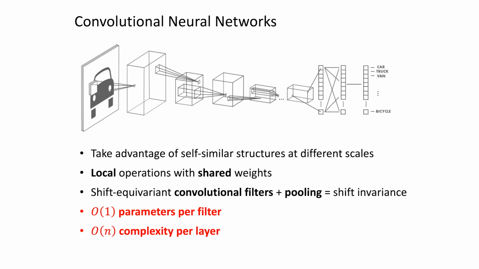We'll talk in a few minutes about what is exactly meant by shift equivariance, interleaved with pooling operators that provide approximate invariance. From the computational side, what is important is that the number of parameters per layer is fixed. It's independent of the input size, and the computational complexity is order of n. It's linear in the number of pixels in the image.